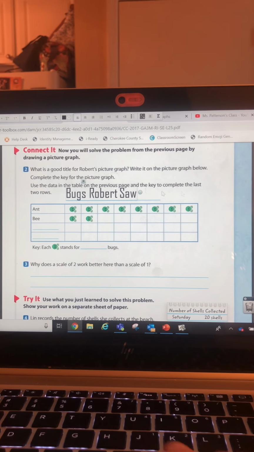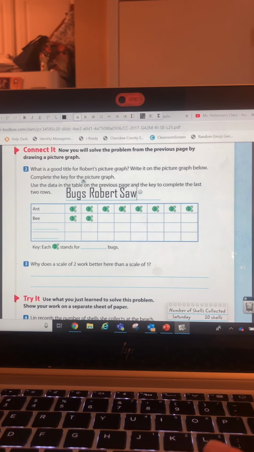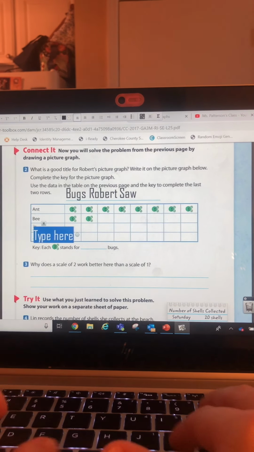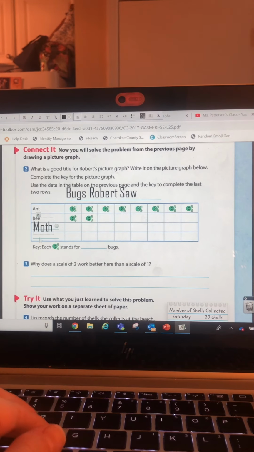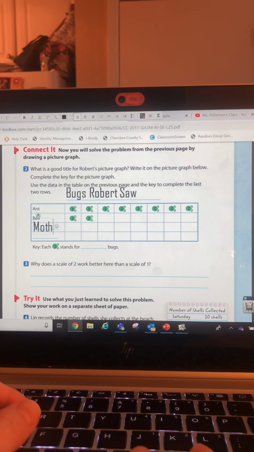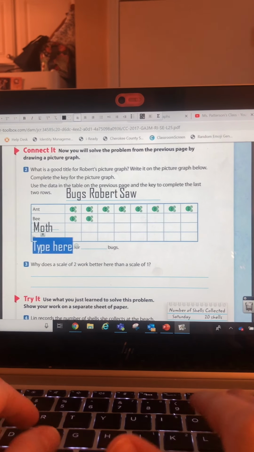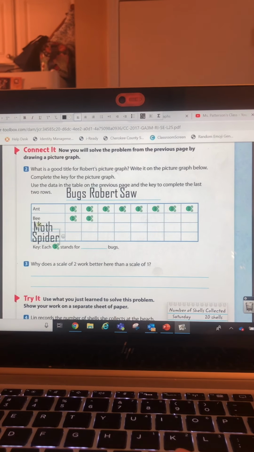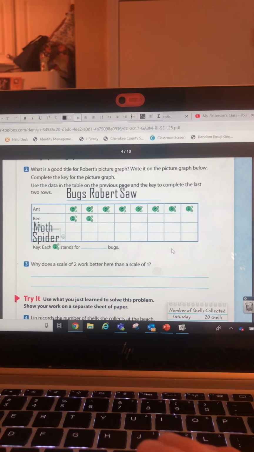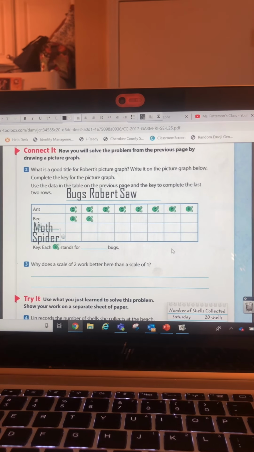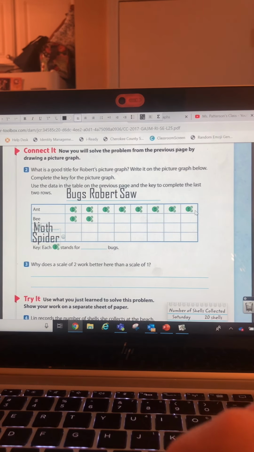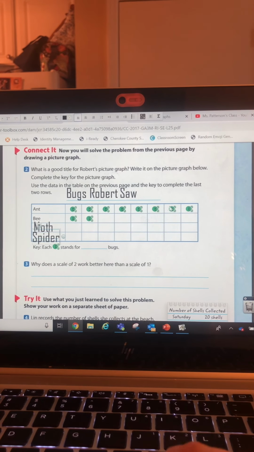Now, they were super nice and they went ahead and actually did the picture graph part for the ant and the bee. And we have to finish up doing the moth and the spider. So I'm going to go ahead and fill those in because those are my 2 other bugs. Now, if I know that there were 16 ants that Robert saw, but he only has 1, 2, 3, 4, 5, 6, 7, 8 pictures, that means that each one of these pictures has to stand for some number.